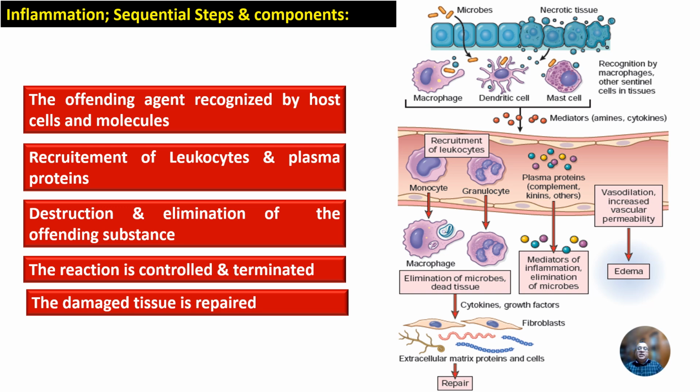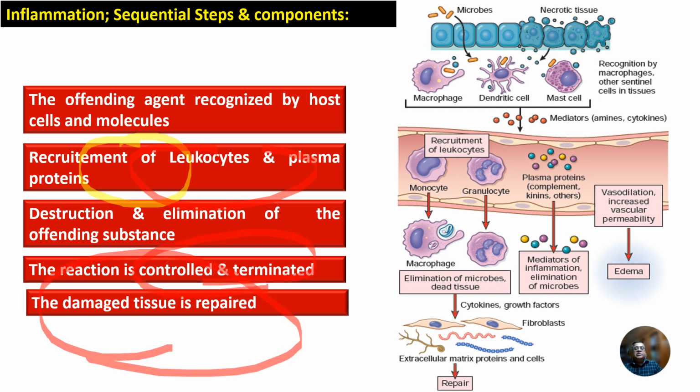When the infective or injurious agent is recognized by the host, there is recruitment of leukocytes and plasma proteins to that area, then there is destruction and elimination of the offending substance. And when this reaction is controlled and terminated, finally the damage is repaired.